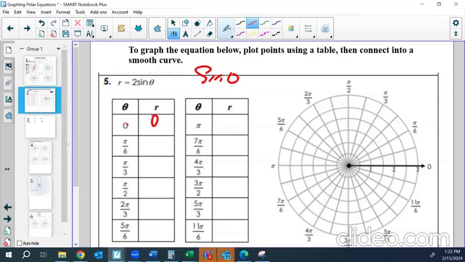Everybody see what I did a while ago? Let me pause for a second. Everybody with me? Okay, I see some of you working. All right, good. Pi over 6. Sine of pi over 6 is 1/2, times 2 is 1. Go ahead and fill out the rest, and I'll give you a couple minutes to do that.